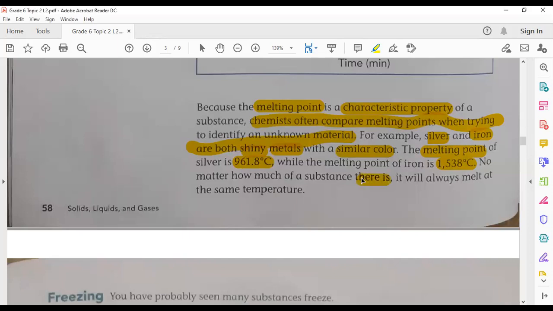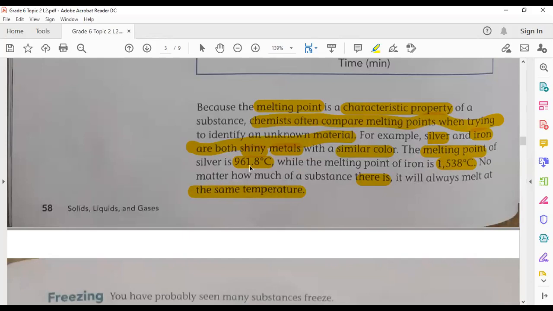No matter how much of a substance there is, it will always melt at the same temperature. Please highlight this point. If you have a small piece of iron or 1 ton of iron, both of them will melt at the same temperature.